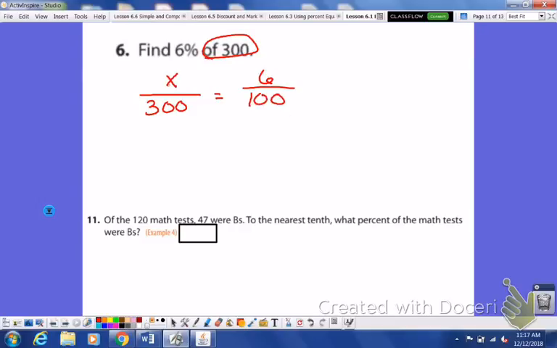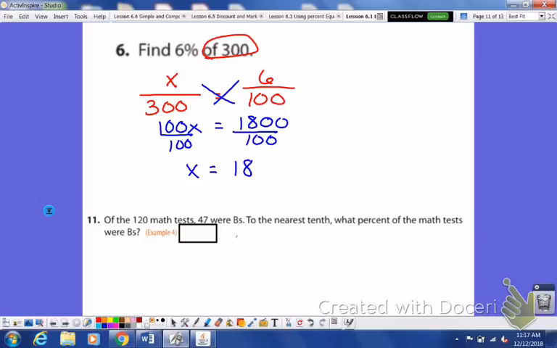We're looking for our part. So then we cross multiply. X times 100 is 100x. 300 times 6 gives us 1,800. Divide both sides by 100, and x equals 18. So there's finding the part.